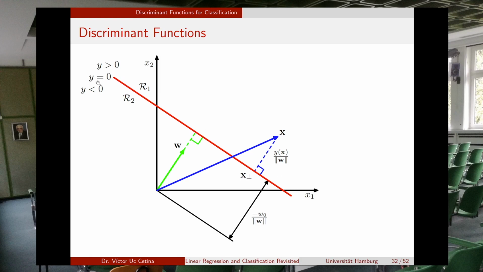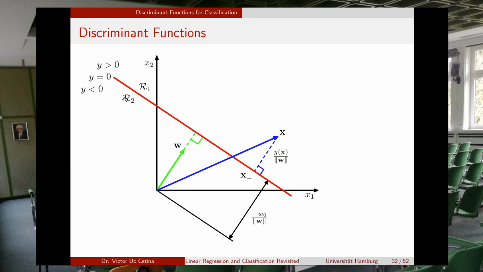All the points that are lying on this line will evaluate to 0, and all the points in the upper side of this line will evaluate to a positive number, so they will be larger than 0, and this will be called region 1. All the points that are below this straight line will be negative. The evaluation will be less than 0.